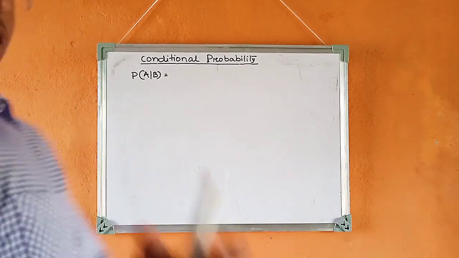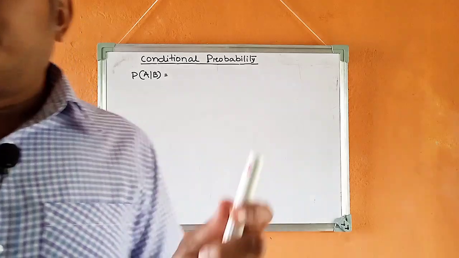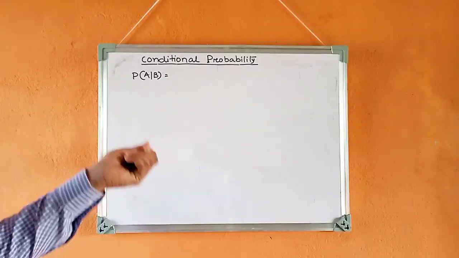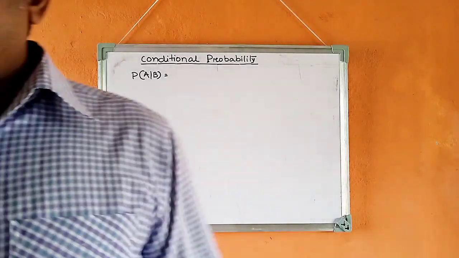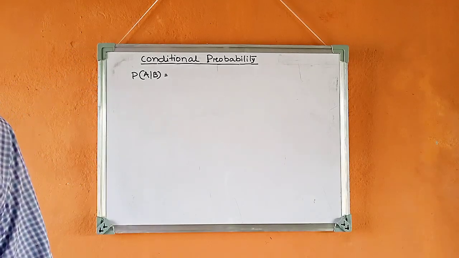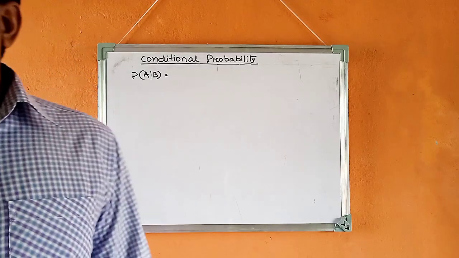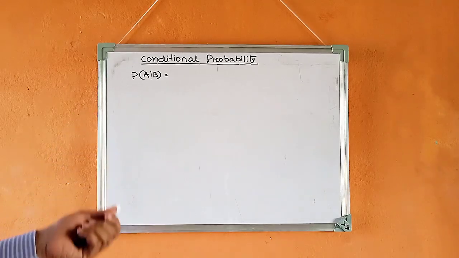So in short, conditional probability P(A|B) is the probability of occurrence of event A given that event B has already occurred. That is the shortest form.